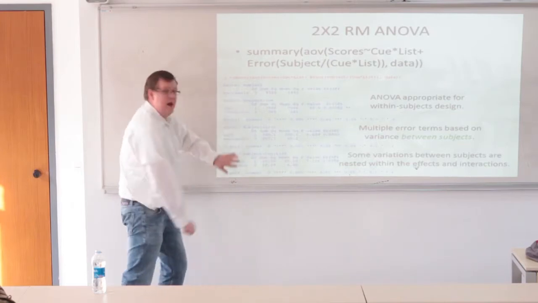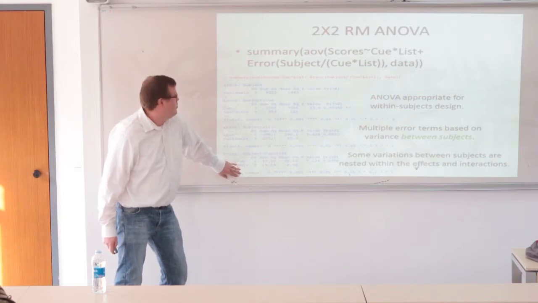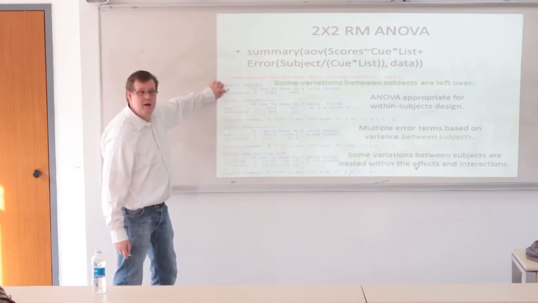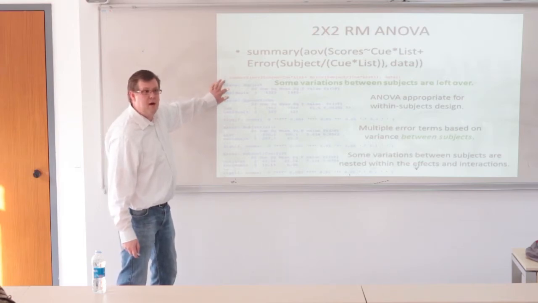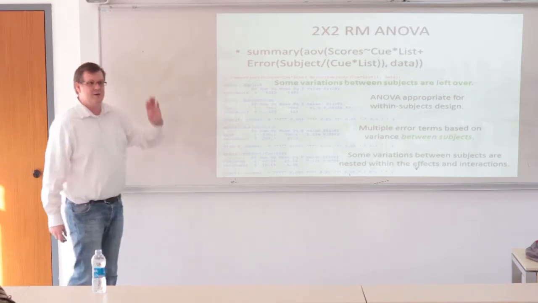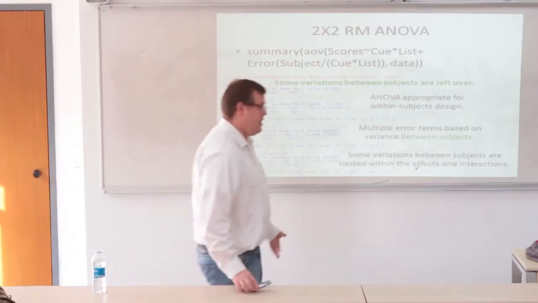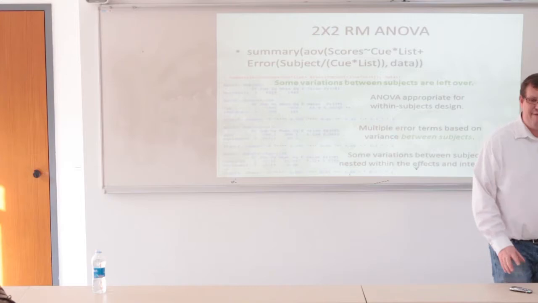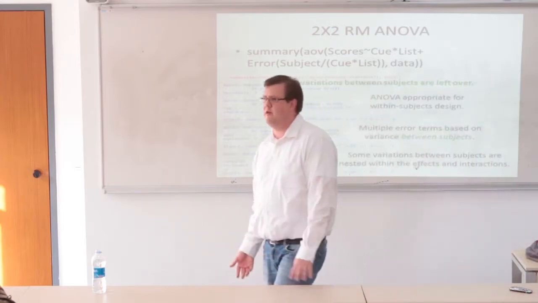We've got our effects here and the interaction here. Not all of it. We still have part of it up here. This was the part that we were throwing out. This is the part that we were saying, okay, I don't want to know how fast a person is overall, or how slow they are overall, or how good their memory is overall.